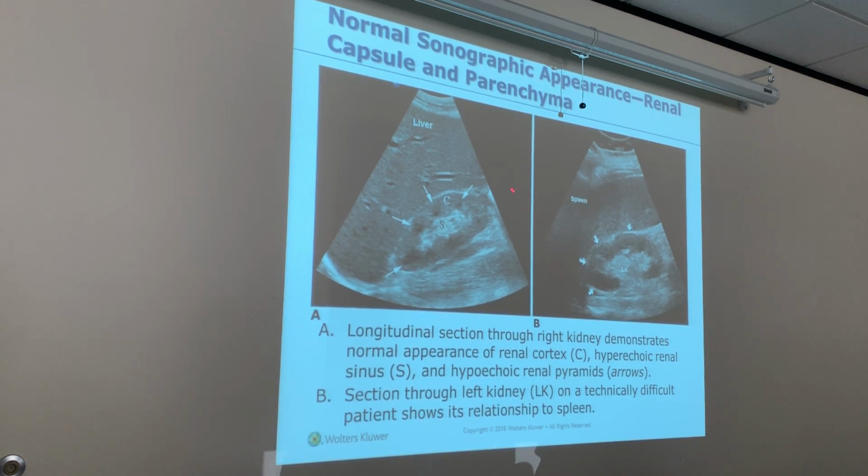This is a mid-kidney. I see cortex all the way around. This is muscle. How do I know it's muscle? Striation. Okay? Cortex, medulla. Medial kidney.